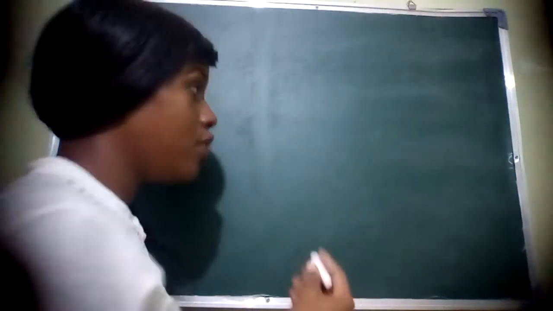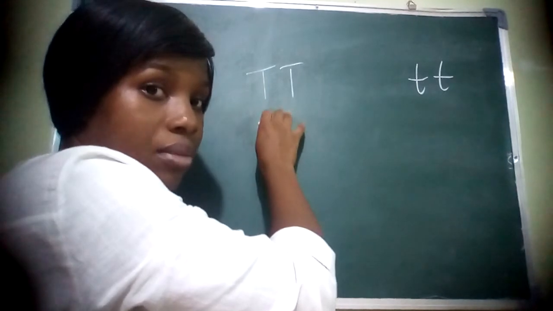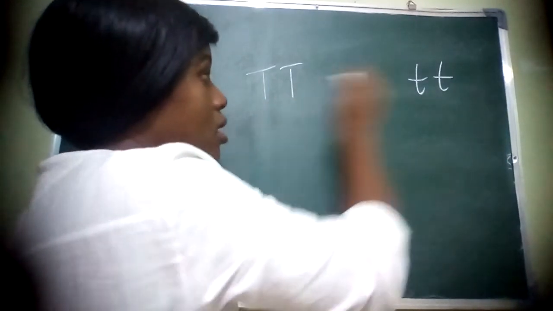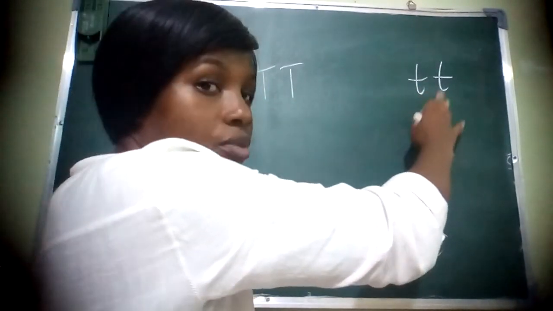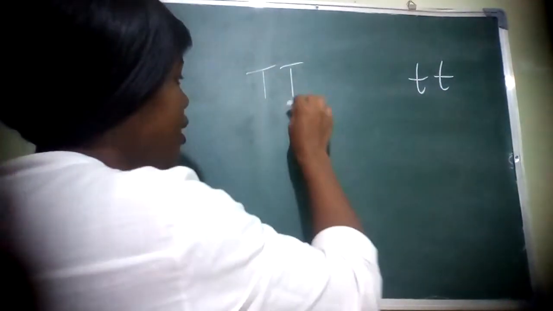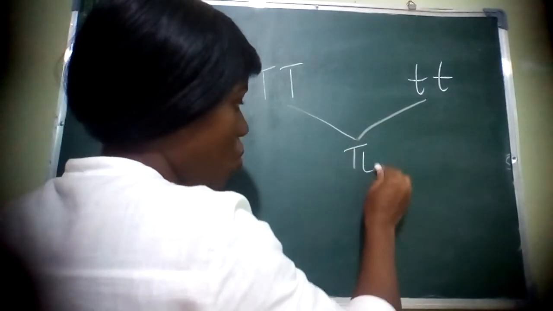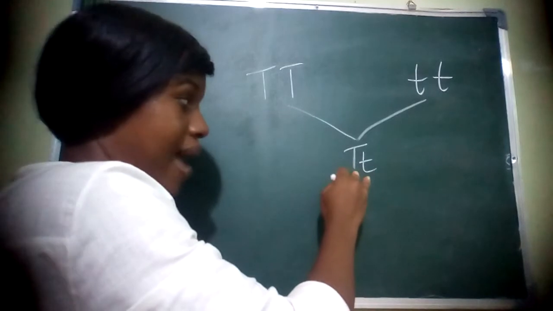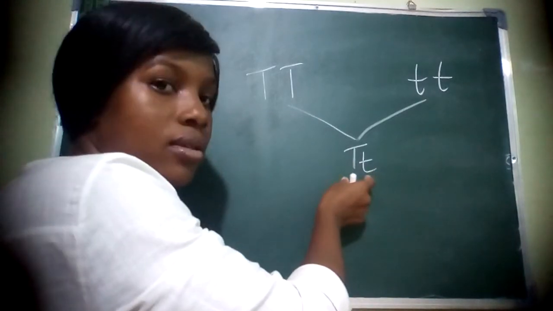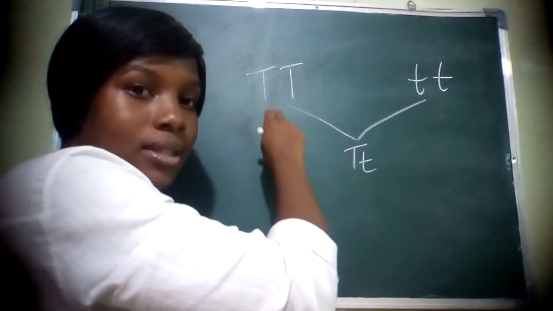He noticed that when he crossed purebred parents, like I use the gene for height, homozygous dominant parents and homozygous recessive parents for height, all the offspring were heterozygous, hybrids, but they showed the phenotype of one parent, the dominant parent.